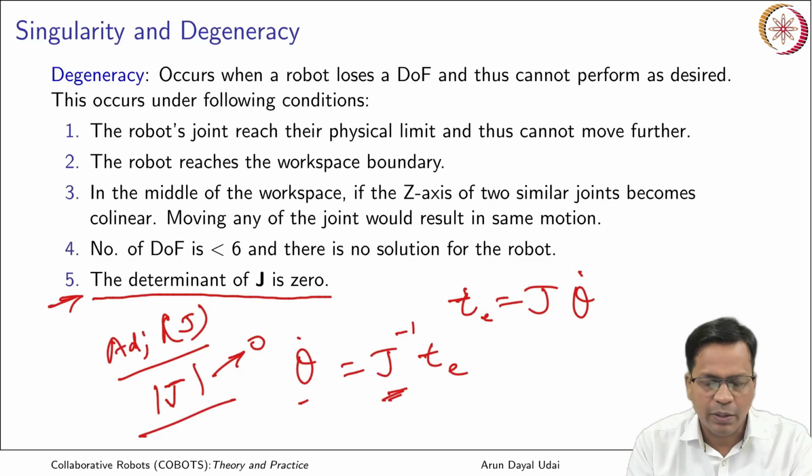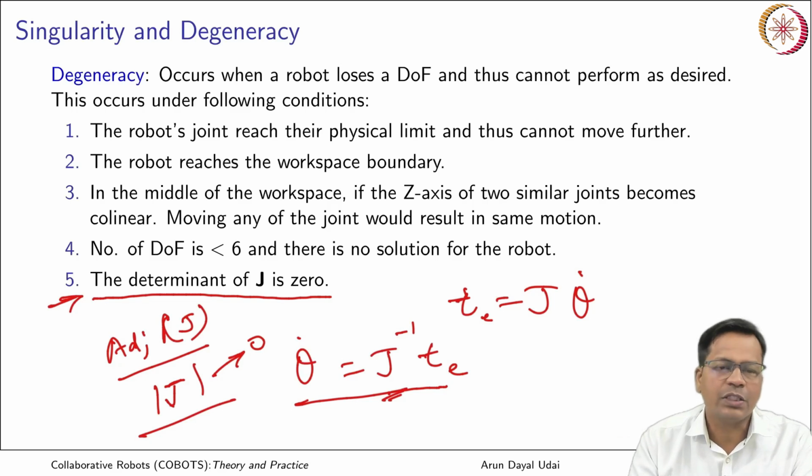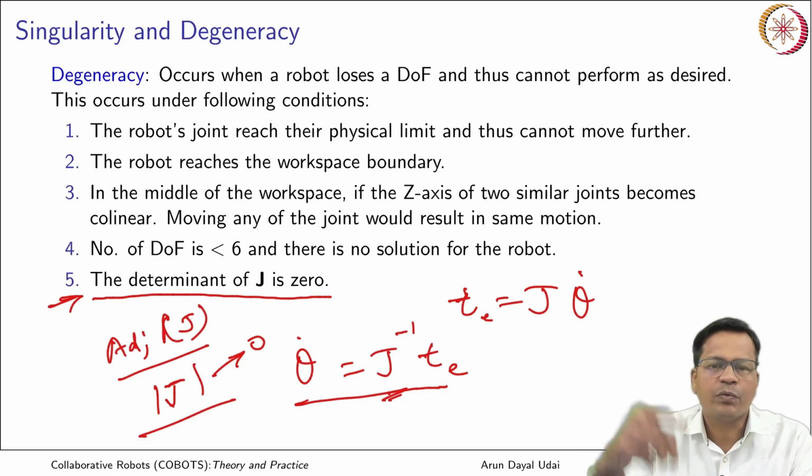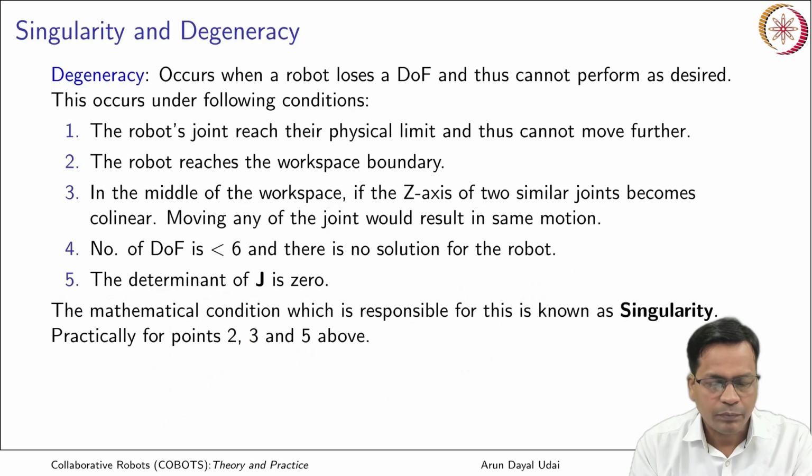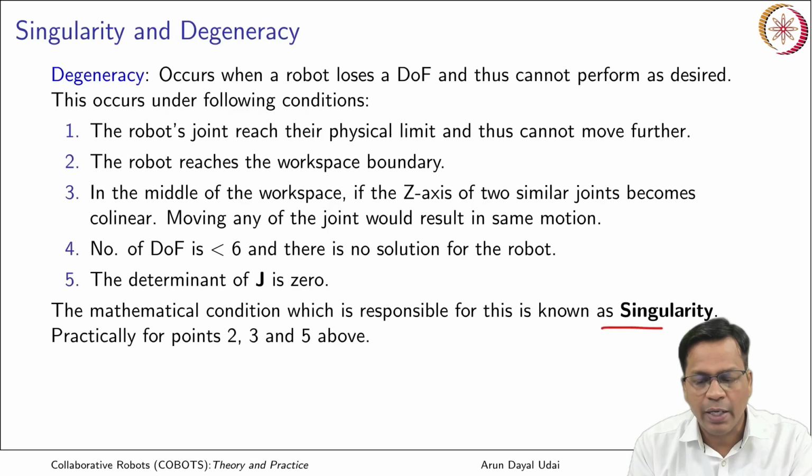That is one of the important cases, because this is widely used in robot control also. It is not always the inverse kinematics approach where we find the joint angles; we also sometimes find the joint rates using this approach. The mathematical condition responsible for this is known as singularity.